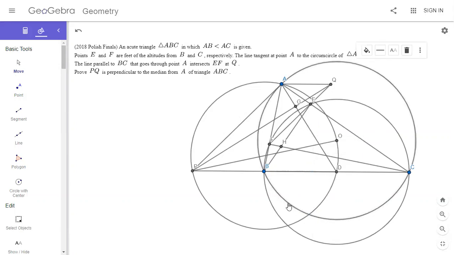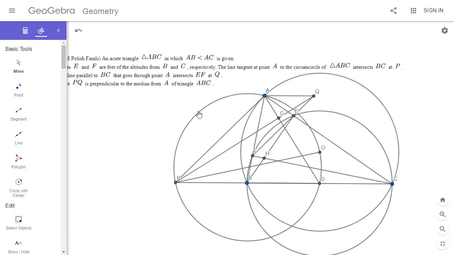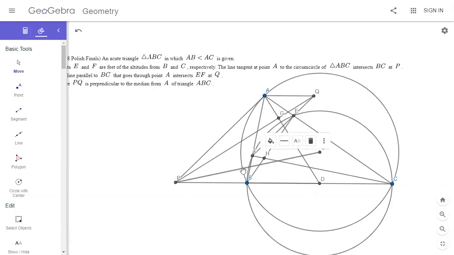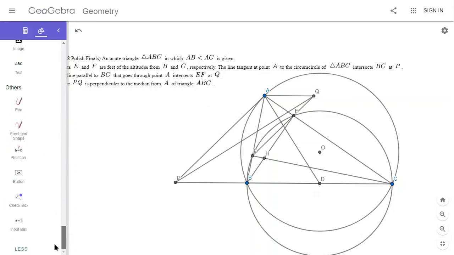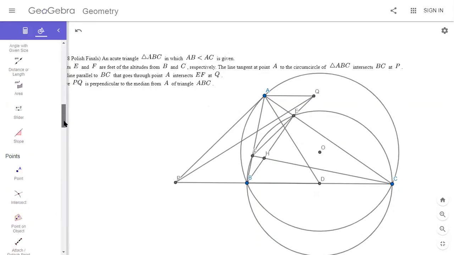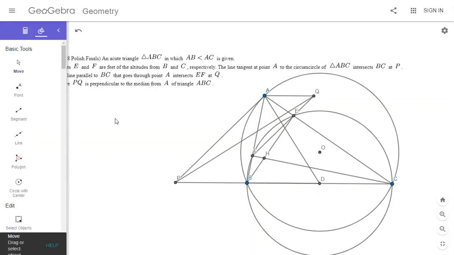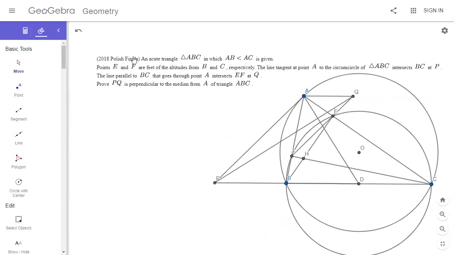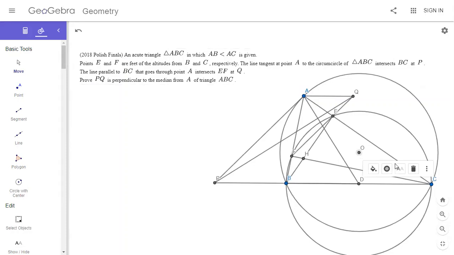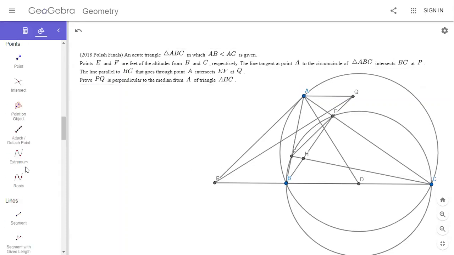Okay, we want to keep that. The solution's really just a few lines. I don't even think we need O for the solution.